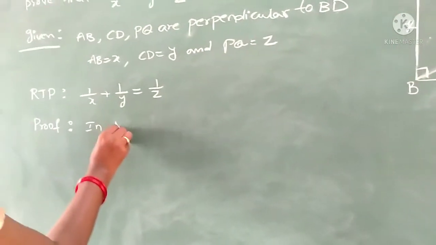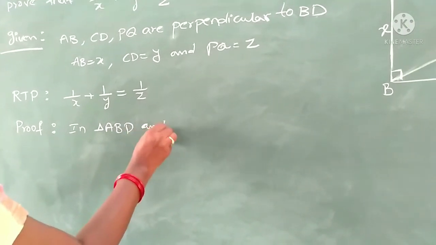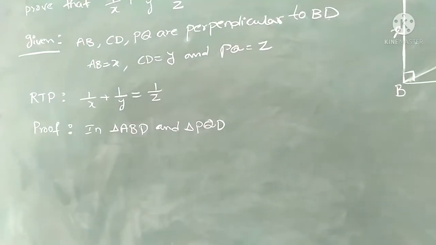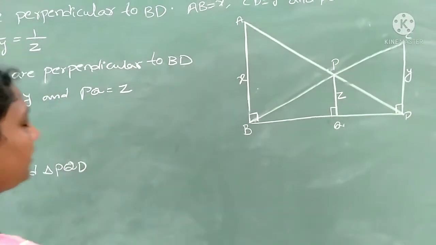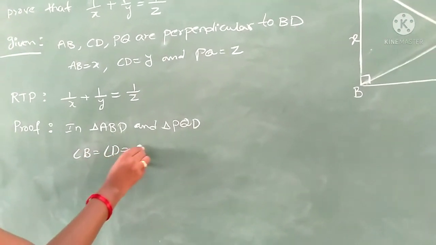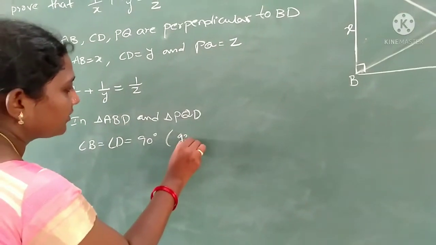In triangle ABD and triangle PQD, angle B equals angle Q equals 90 degrees. This is given.